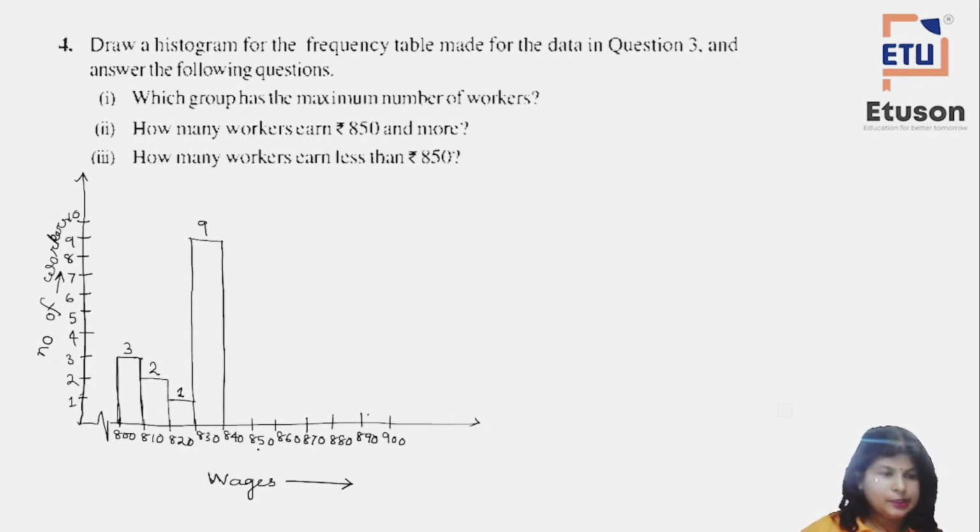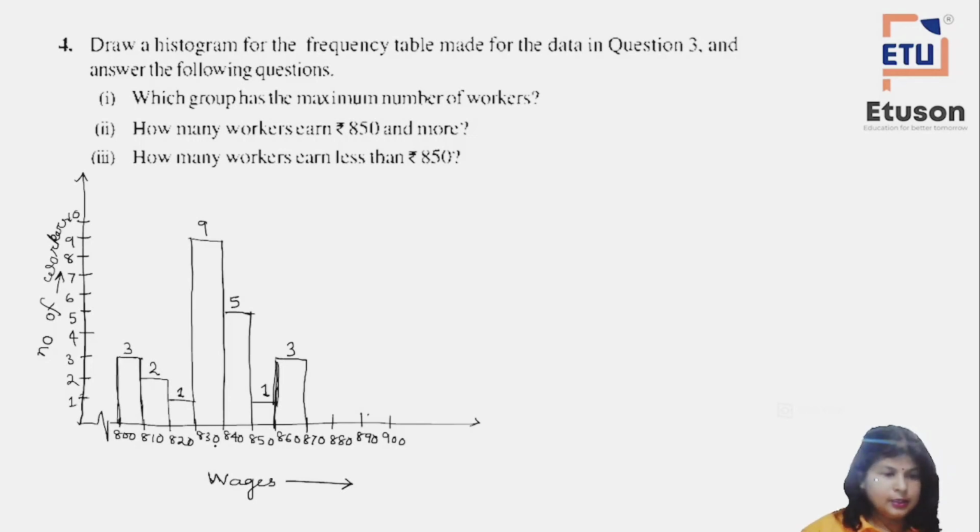Okay, so now 840 to 850, it is 5. Right, now 850 to 860, it is 1. 860 to 870, it is 3.